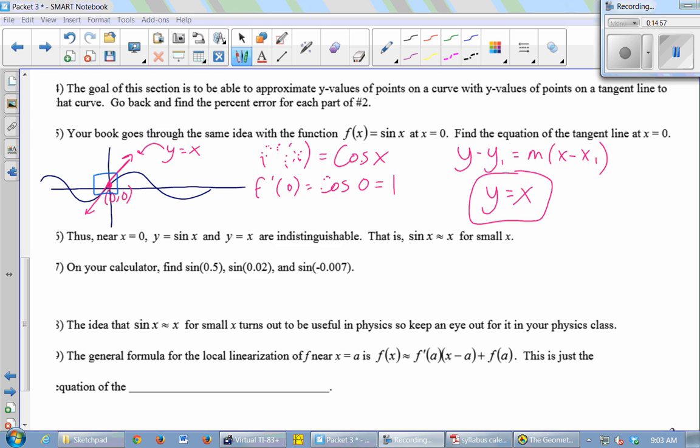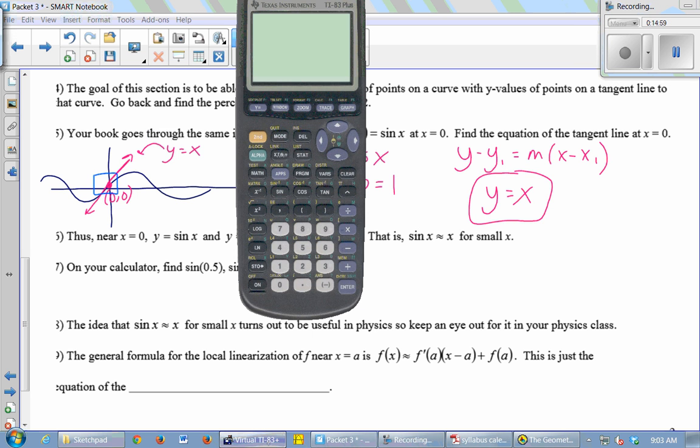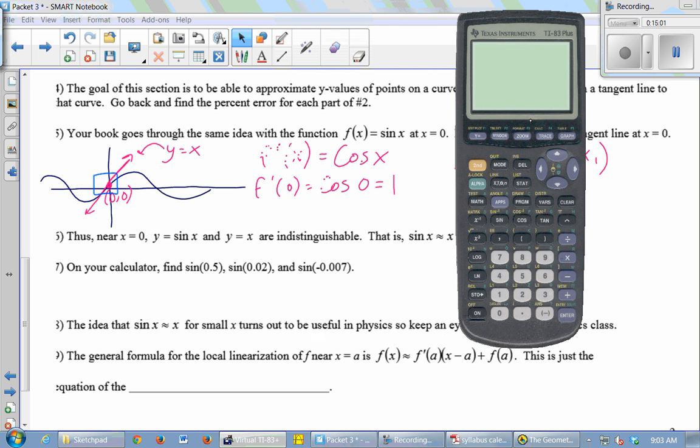So let's just check this conclusion that we've had by taking the sine of some small values. Make sure you're in radian mode. Yep, okay. All right, so the sine of 0.5. I mean, that's, relatively speaking, close to 0, right? 0.479, that's pretty close to 0.5.